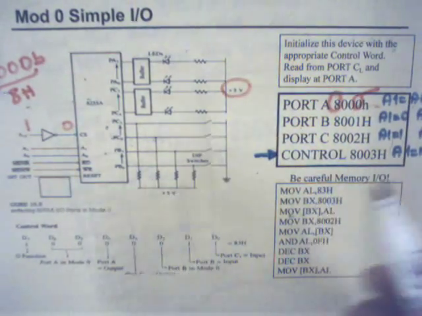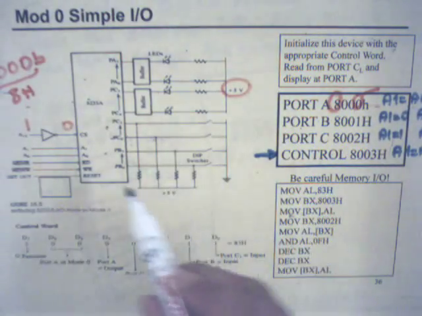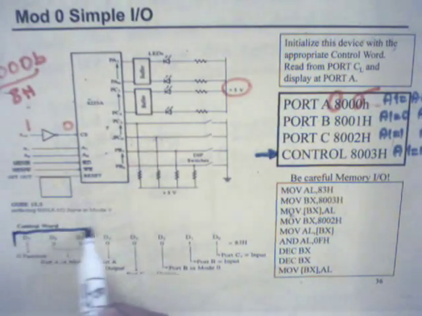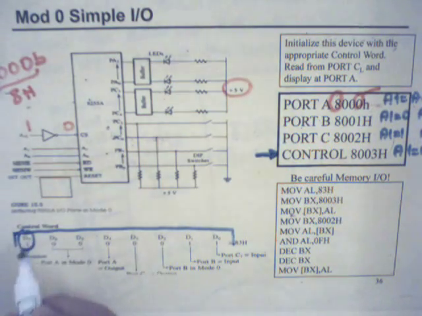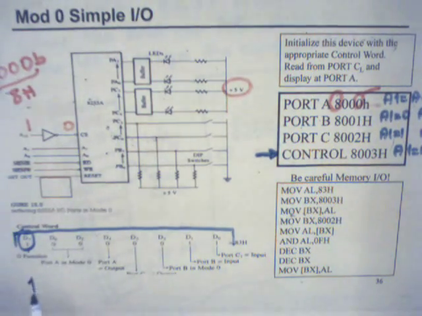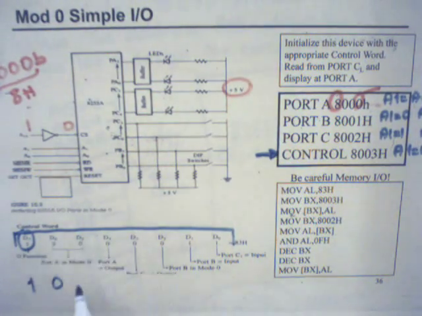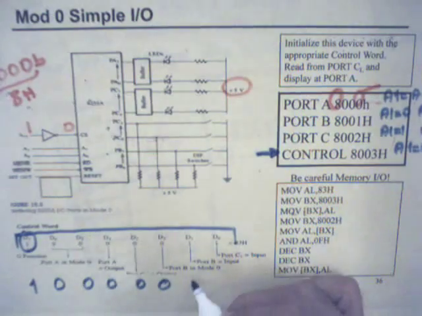So in the first moment, the control register should be selected, and the control word here, D7 is 1, D6 is 0, D5 is 0, D4 is 0, D3, 0, D2 0, D1 1, D0 1.